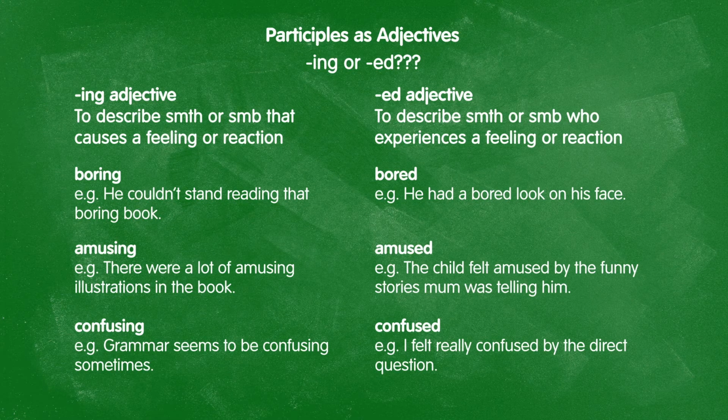Now let's look at a few more examples using this comparison. Amusing, like in the phrase, there were a lot of amusing illustrations in the book, or amused. The child felt amused by the funny stories Mom was telling him. Again, here, in the first sentence, the illustrations, the pictures are amusing to the subject, or to whomever we're talking about.